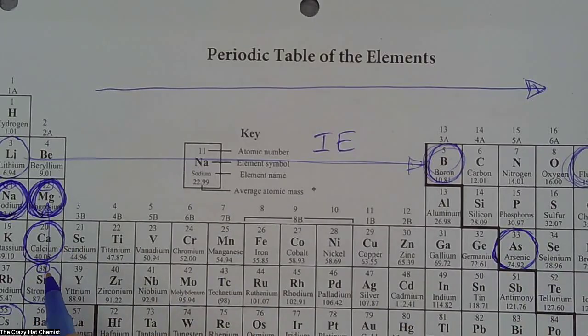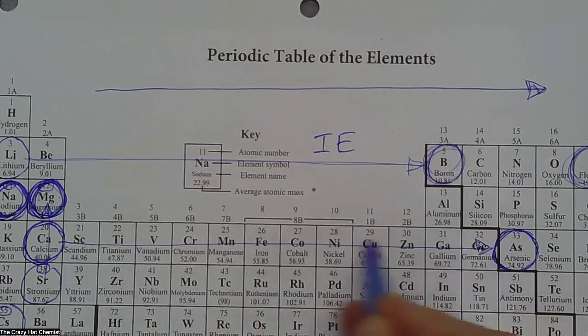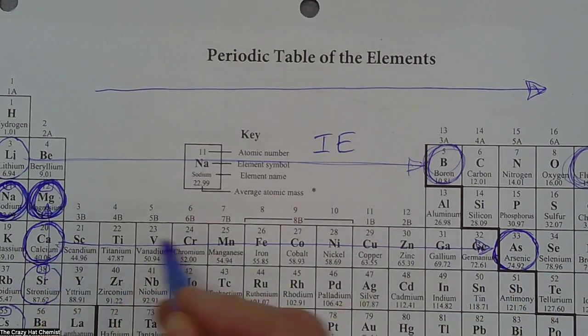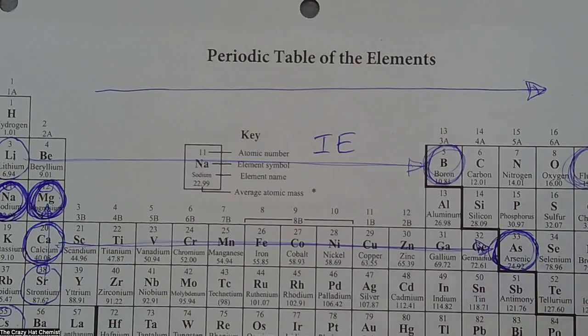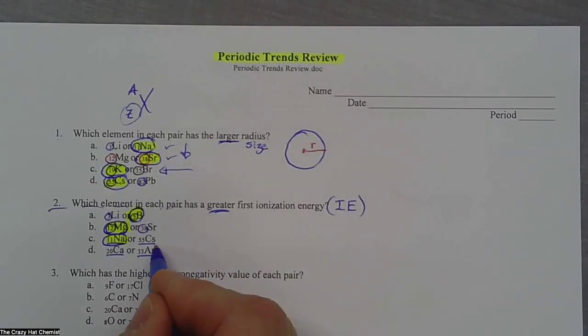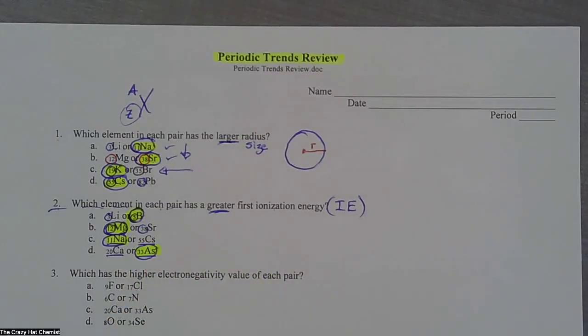And the trend for ionization energy is as you go to the right, they get larger. So they're in the same period, same horizontal section on the periodic table. So arsenic will have the greater first ionization energy compared to calcium. Perfect. There we go. I've highlighted those. That looks fantastic. All right.